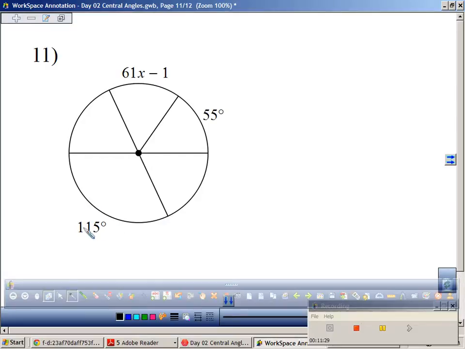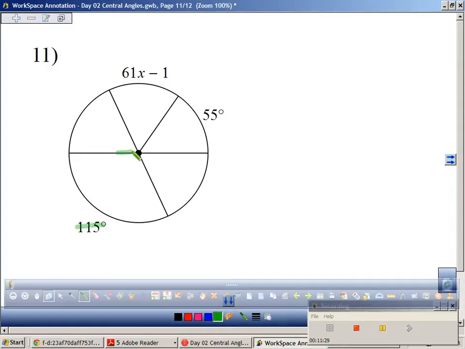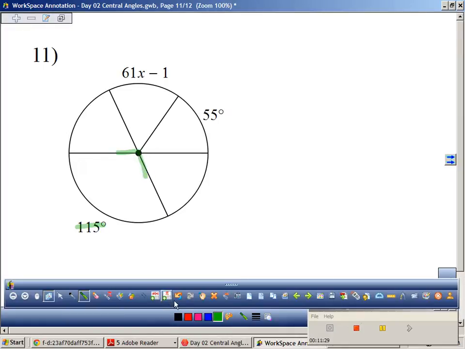Well, if this arc here is 115 degrees, sorry, I should change my color. So if this is 115 degrees, then so is this. Central angle is 115 degrees.